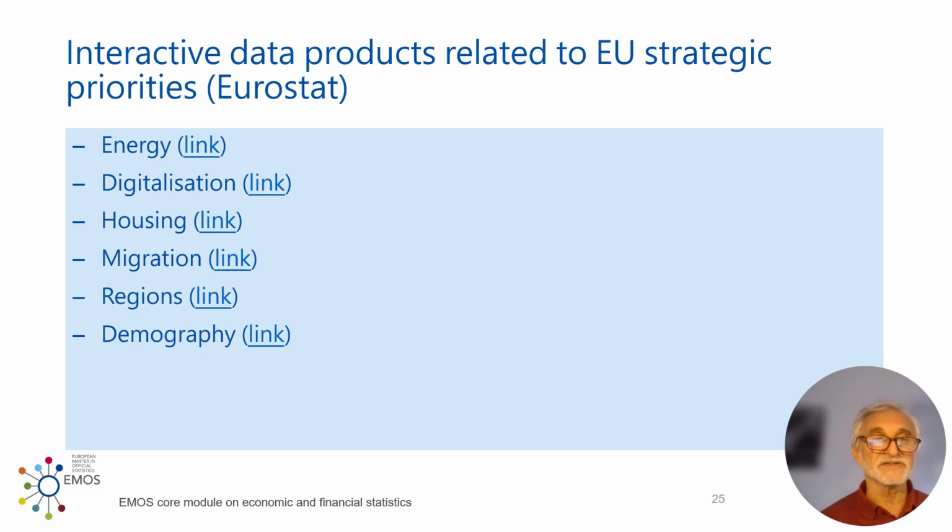So in the areas of energy, digitalization, housing, migration, regions, demography, all important policy topics, which require good, reliable information. And I'll show you on the next slide, for instance, the level of digitalization in Europe, which is being very carefully watched.